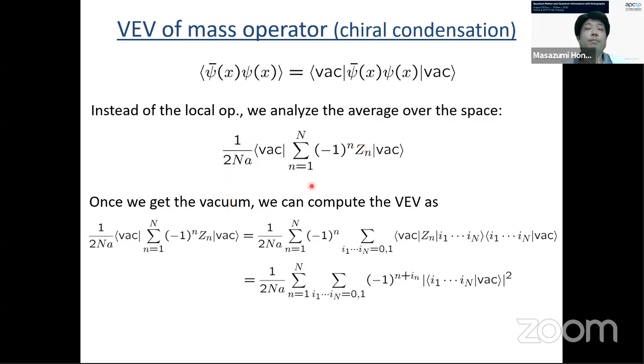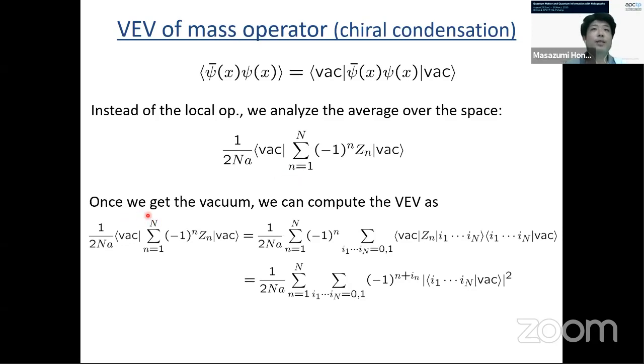And in the spin variable representation, psi bar psi can be written as a sum of Z_n. And the computation of this one is quite parallel to computing magnetization in the Ising model.